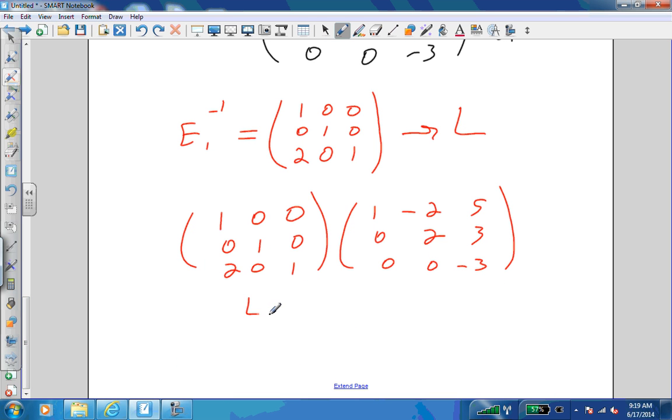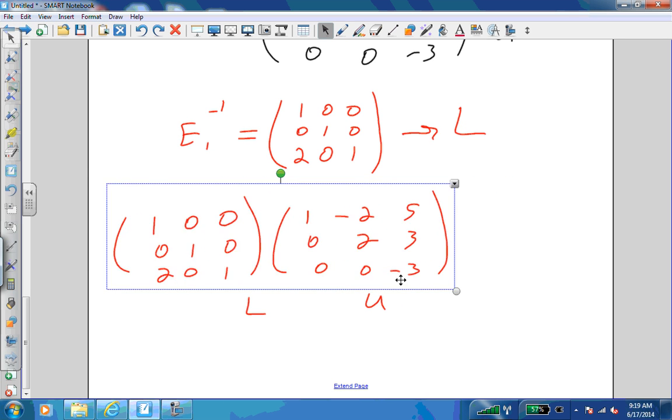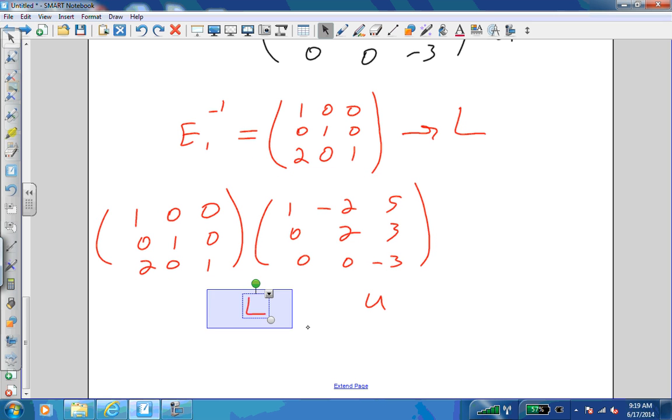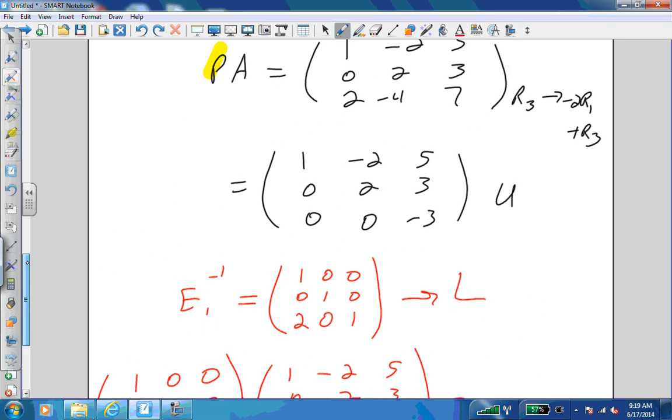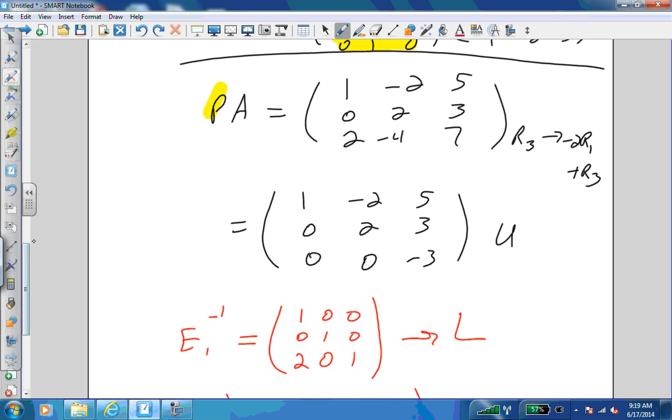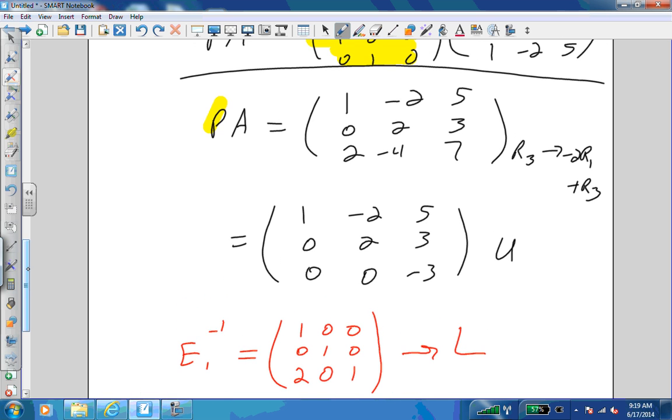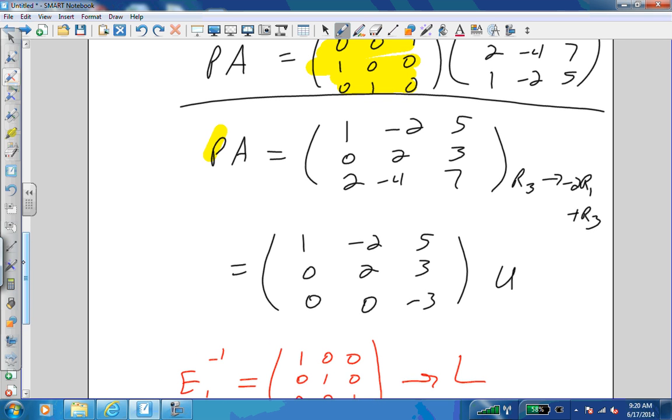So that's LU, but we have to be careful because when we multiply that out, that does not give us A. That gives us P times A, because A, as it stood, was not able to be row reduced into an upper triangular without doing permutations.